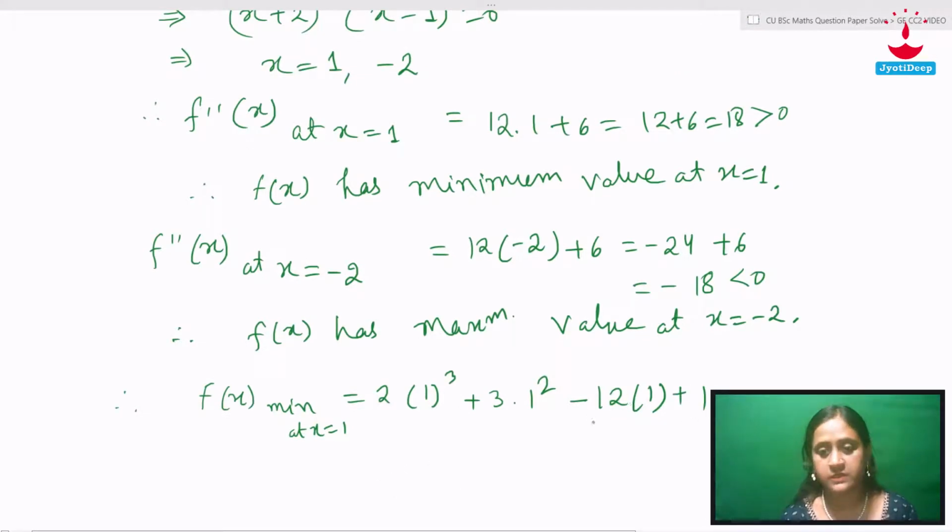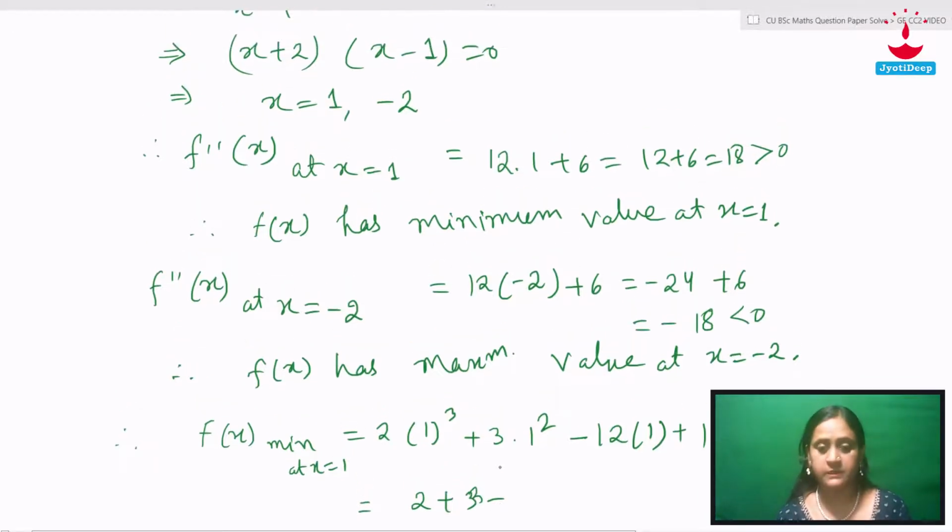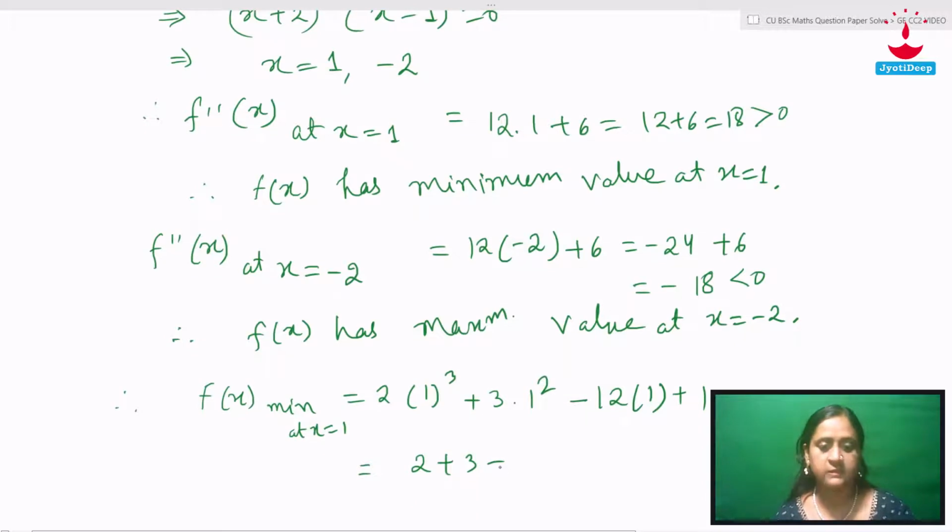This is equal to 2 plus 3 minus 12 plus 1.